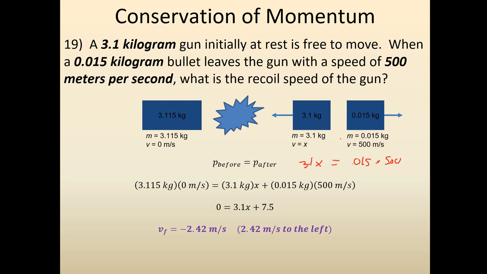So you can make your life easier by, instead of writing out this line, just going straight to saying 3.1x equals 0.015 times 500, solve for x, and there you go, you get your final velocity.